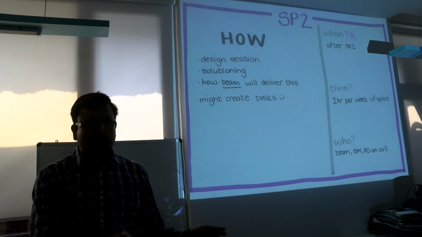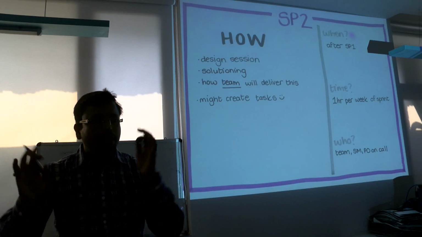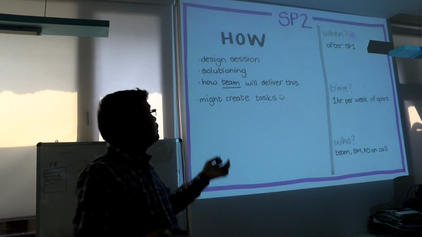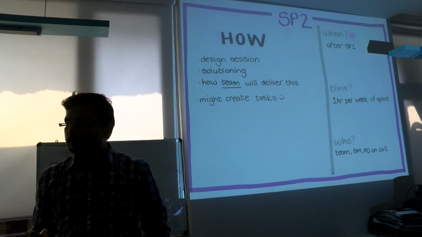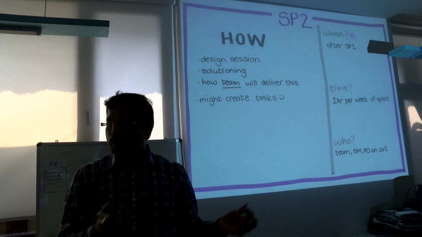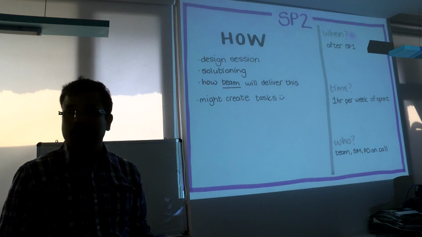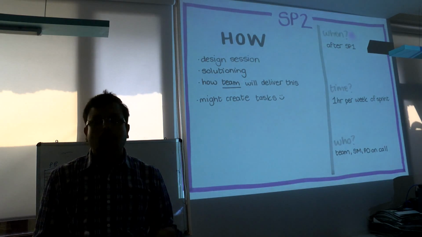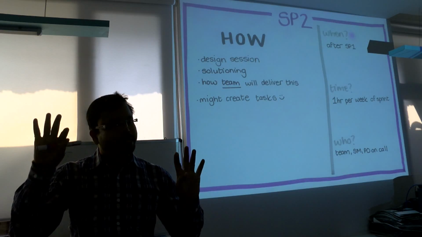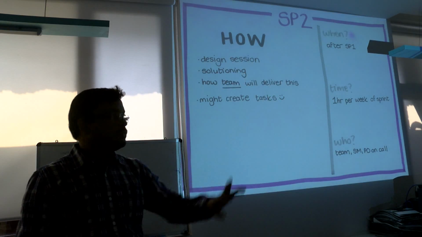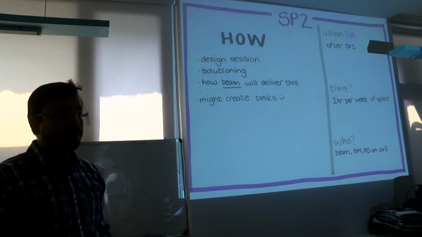Now the team, just after finishing sprint planning 1, will discuss together how to do it. Okay, we have the task, how do we do it? So we will define a design session. There might be some design session, because architecture, or one level of architecture, will be followed throughout the sprint. A solution may be possible like RFID.